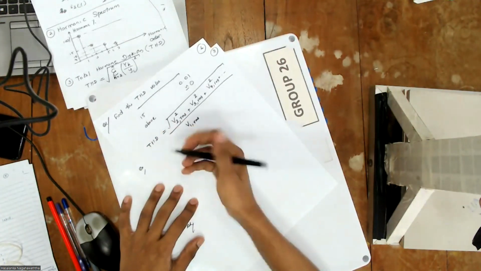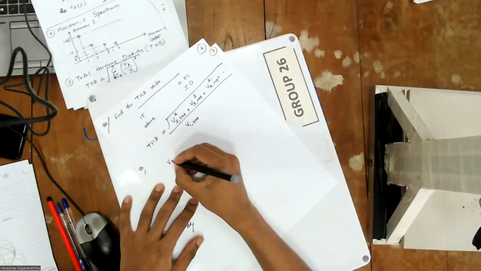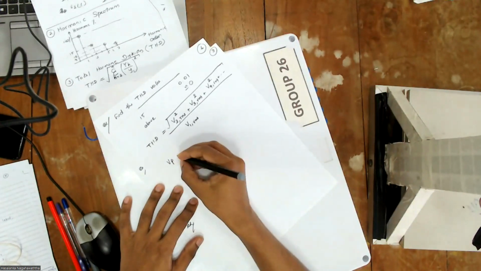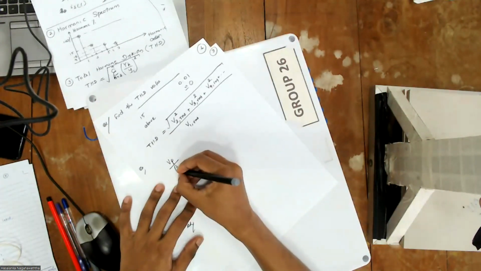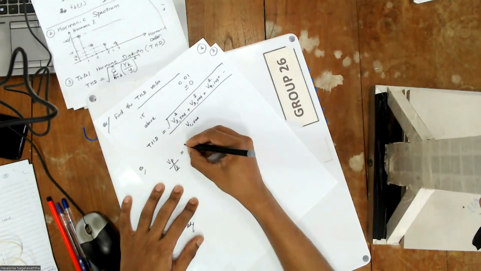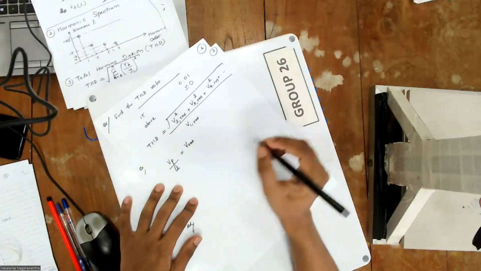Now you have been given the amplitude, V peak, and if you divide it by root 2, you will get the VRMS value.